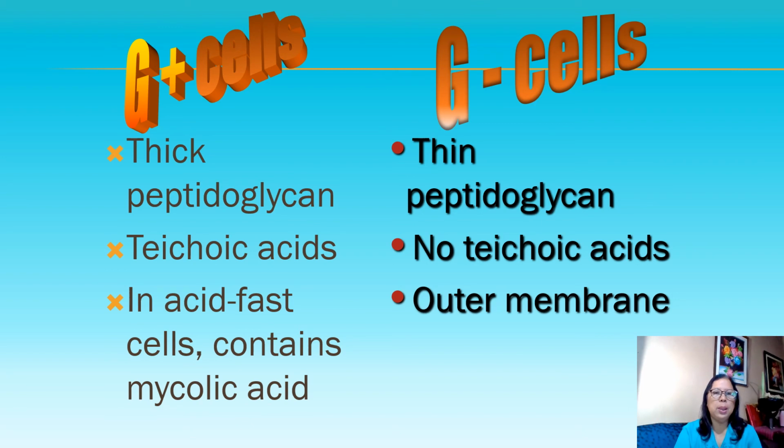Gram-positive bacteria have teichoic acids, whereas gram-negative cells have no teichoic acid. Gram-positive bacteria contain mycolic acid in the outer membrane. As for gram-negative, it is the other way around.